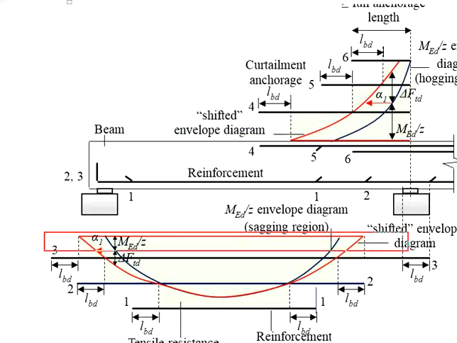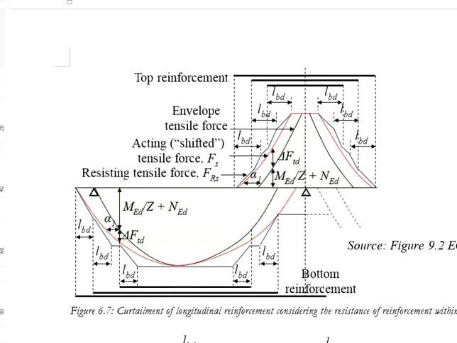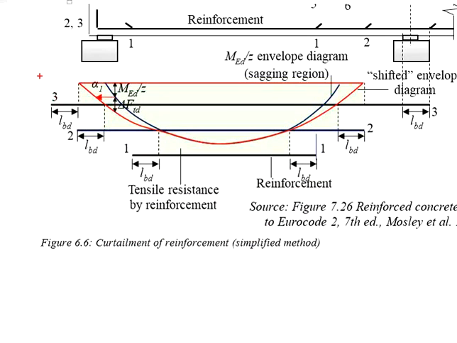Start with the first group of the reinforcement. You provide this reinforcement here, giving you resistance here. Now, Eurocode is more precise in terms of the stress given along the anchorage length. That means the model given by the Eurocode, you do not need to give an offset of the anchorage length as per the one indicated here.